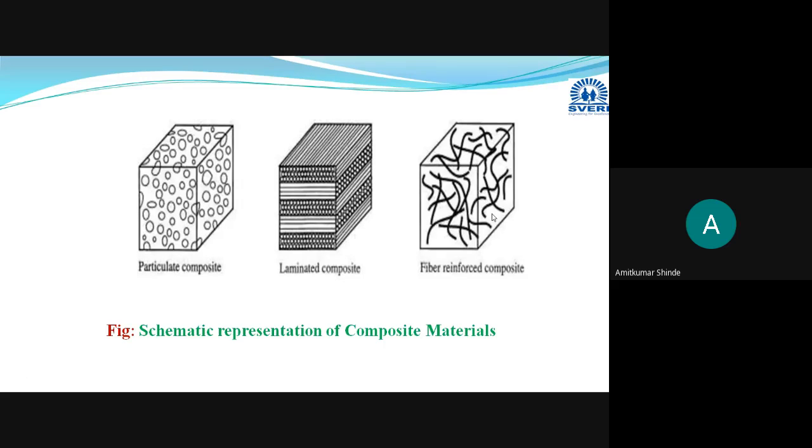Now here, in these fiber reinforced materials, fiber shaped materials will be there. They will have high strength, and these fibers are introduced in the soft material. Whichever remaining material is there will be termed as the matrix.